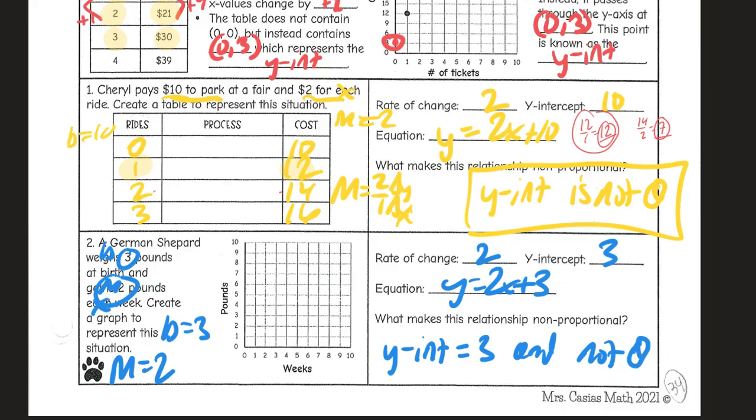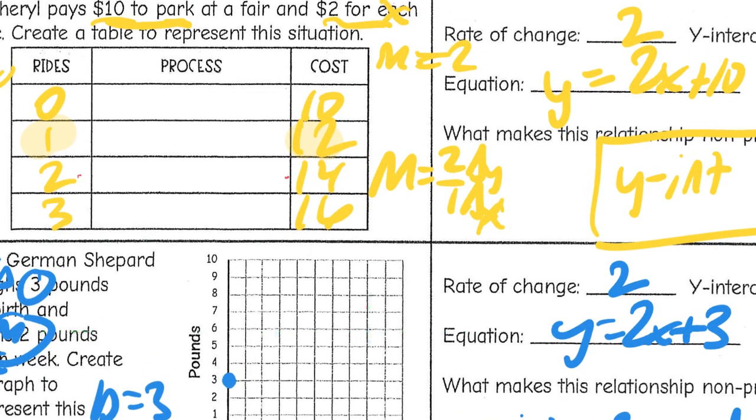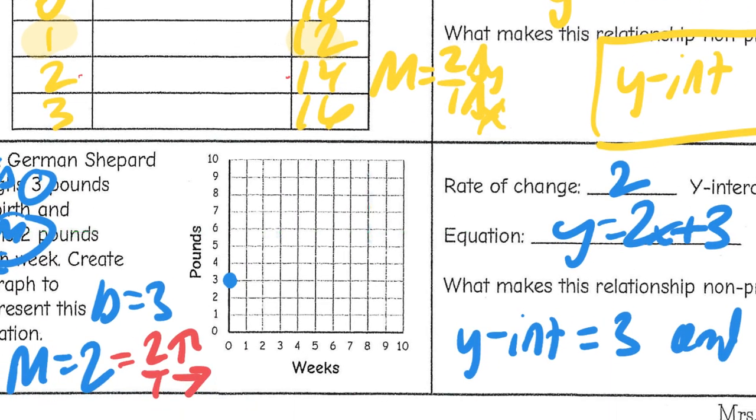Okay. So I'm going to start at 3. And then if M is 2, well, that's 2 over 1. It's positive, so I'm going to go up and right. So up 2, right 1, puts me here. Up 2, right 1, up 2, right 1. And then there's my line.